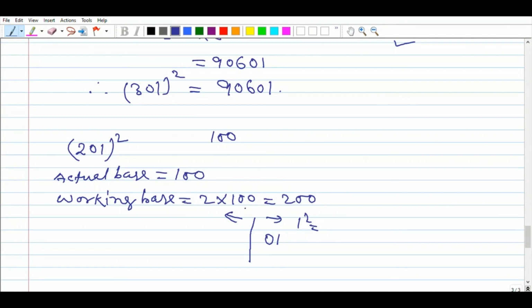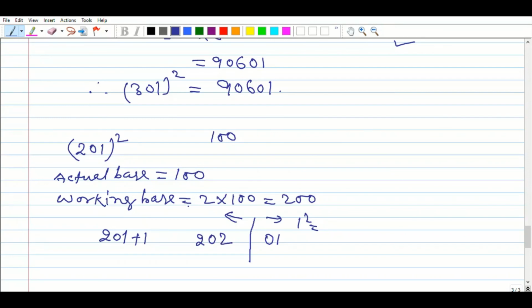Now after that we add 1 to the 201, we get 202.